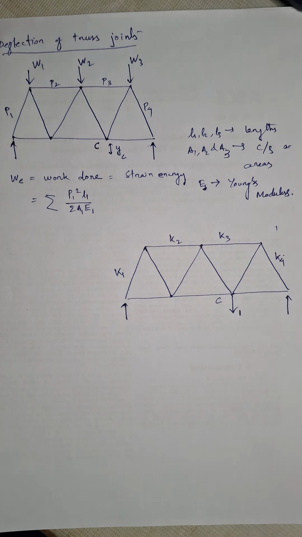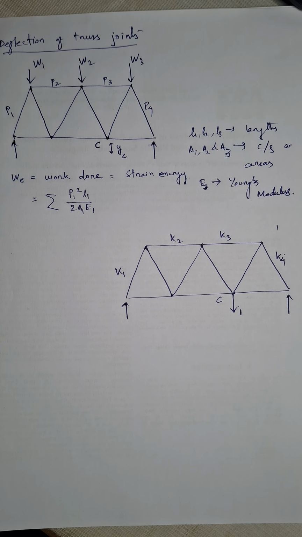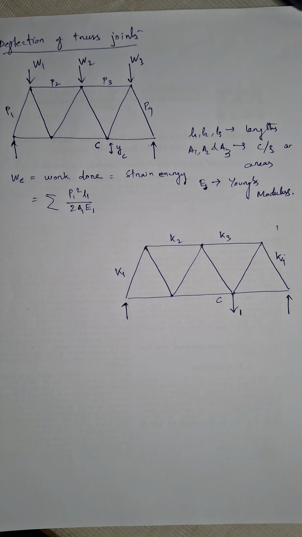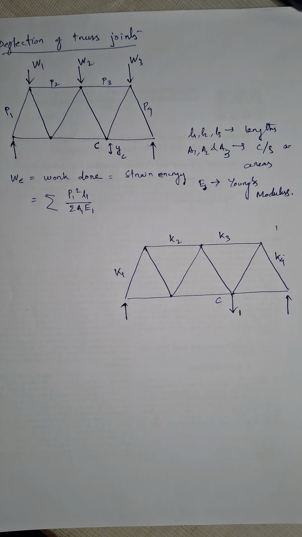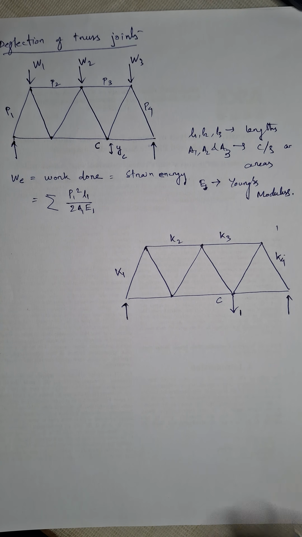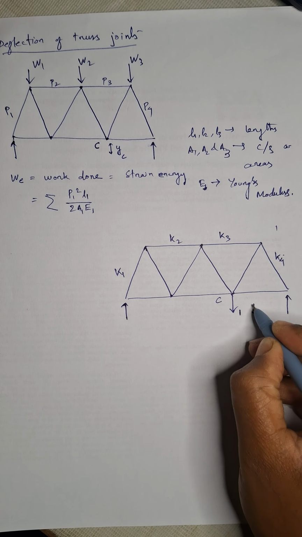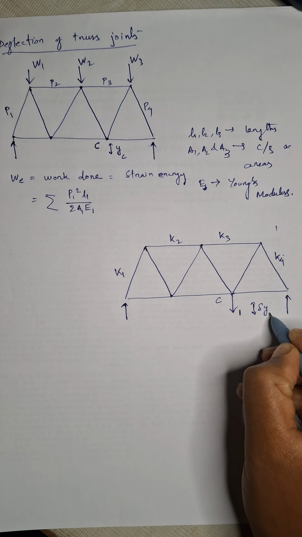Similarly, we can number all the members. Due to application of this unit force at point C, we need to find the work done. Let's consider that the deflection here is del YC.